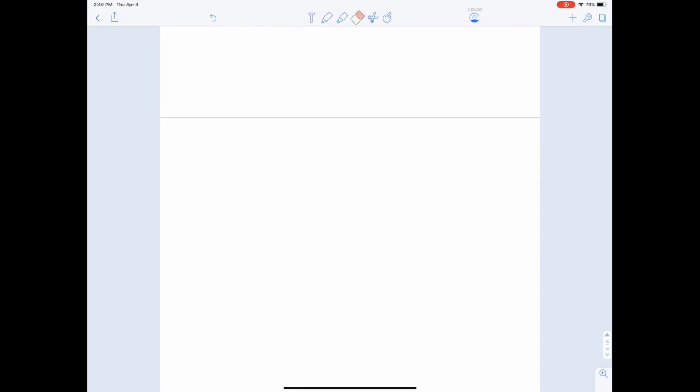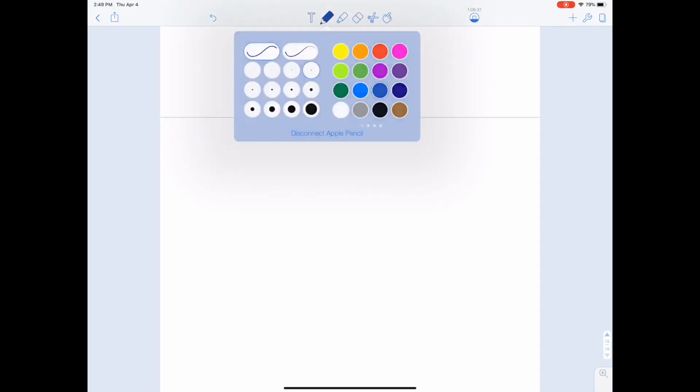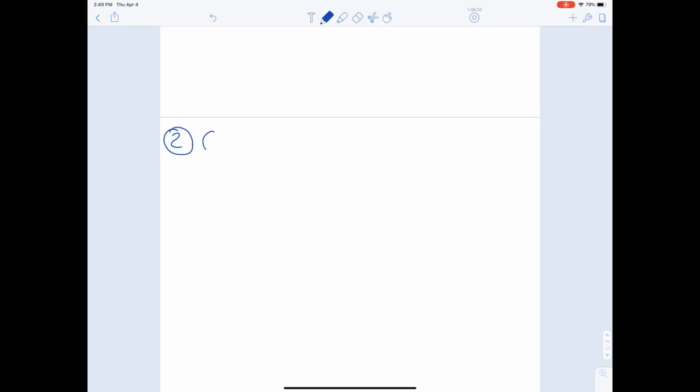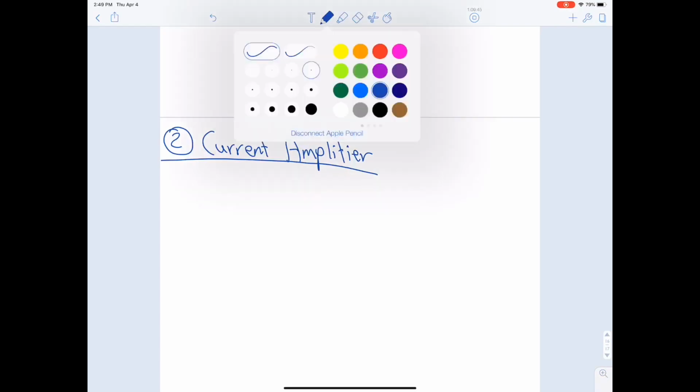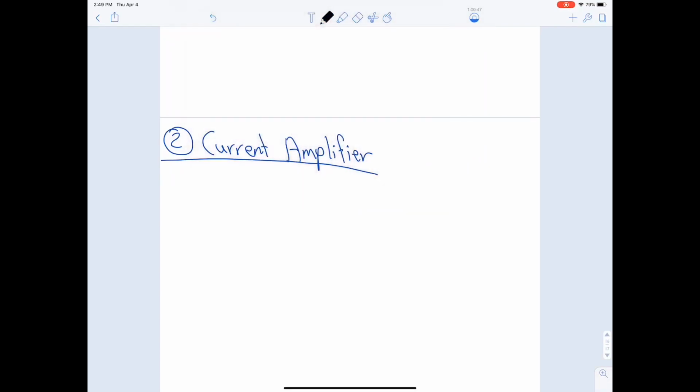Second type of amplifier. The second type is the current amplifier. Okay. So the base of the current amplifier is as follows. We have an RI.